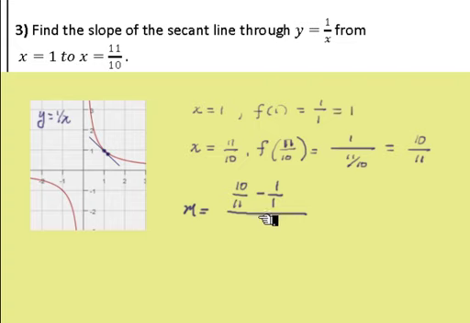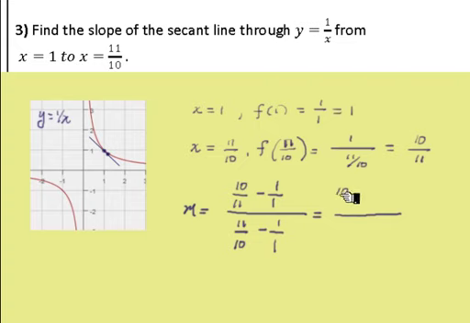And in the denominator, we subtract the x's, 11 tenths minus 1. So let's subtract the fractions in the numerator and the denominator. We'll get a common denominator here of 11.